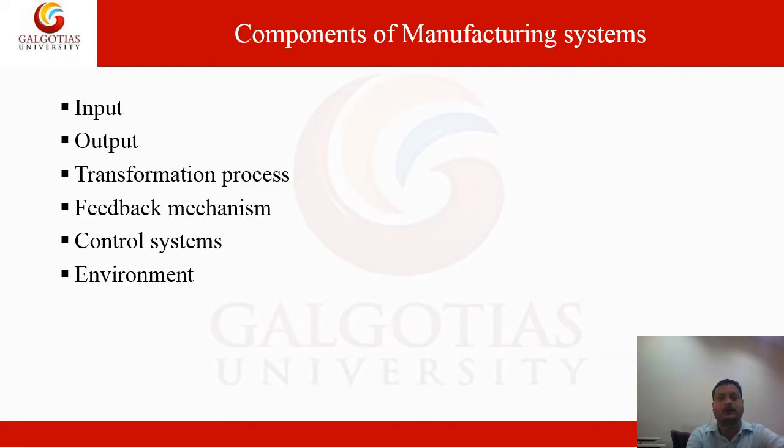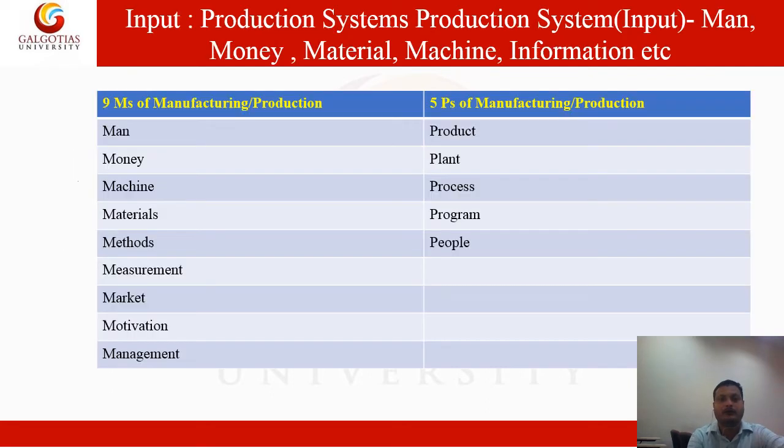So now let us understand each of these components in detail. The first component, input of the production system, includes man, money, material, machine and information. In some cases, the transformation process will take only one input.